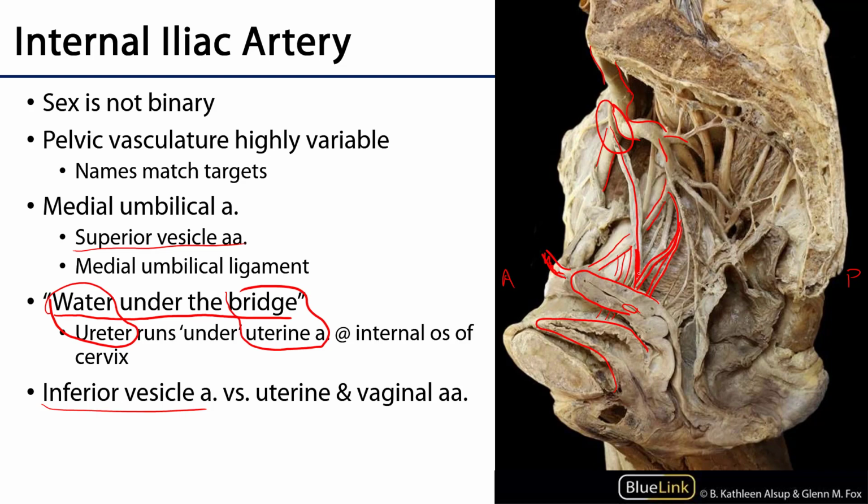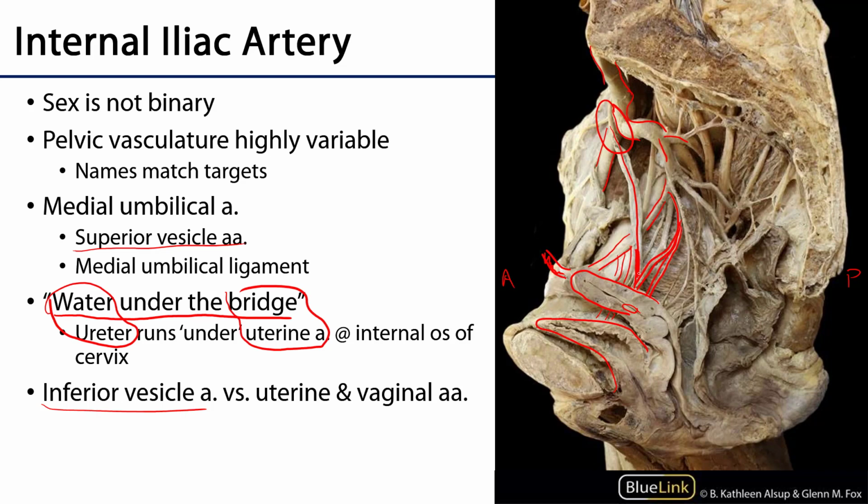So it's not all that unreasonable that inferior vesical arteries would be branches of uterine and vaginal arteries when present. In fact, when we look at the blood supply for the uterus and the vagina, oftentimes we'll see branches from the uterine artery to the vagina and from the vaginal artery to the uterus.